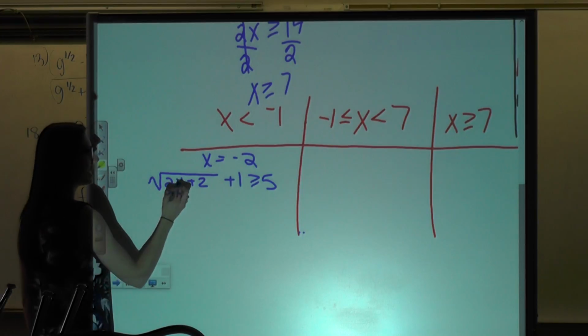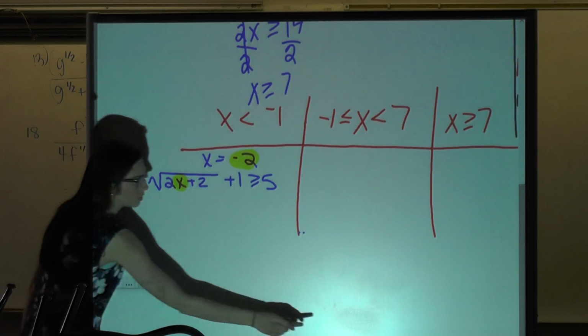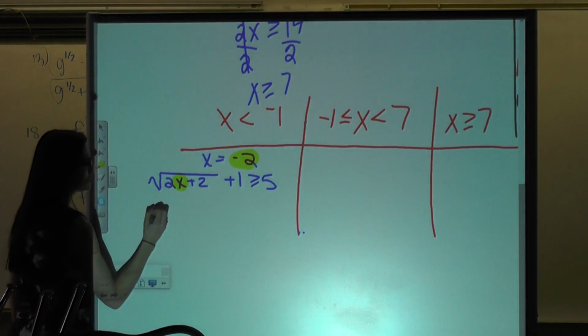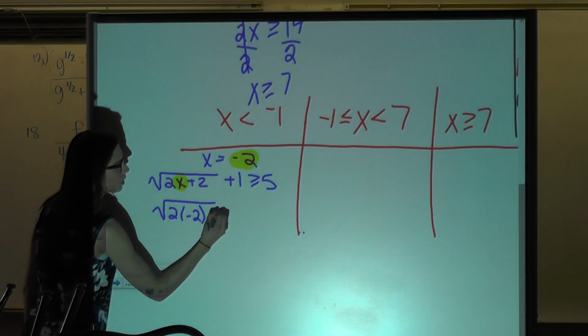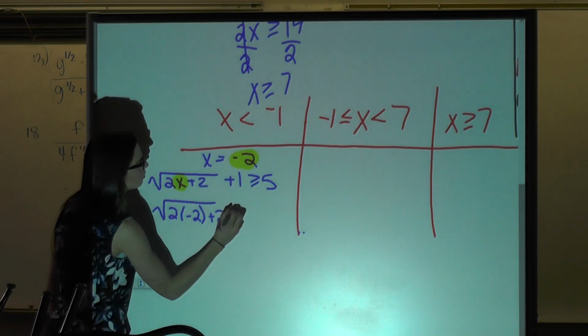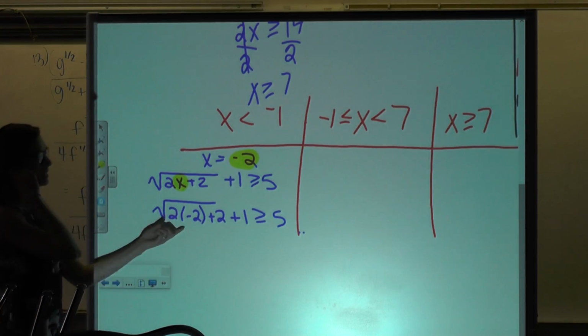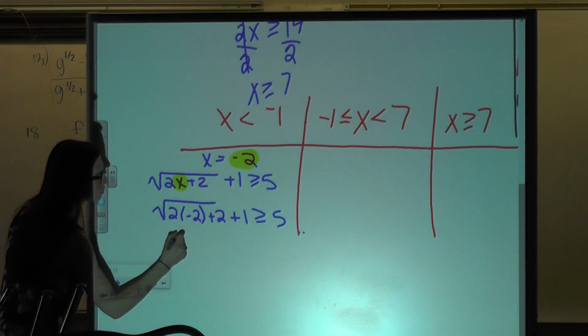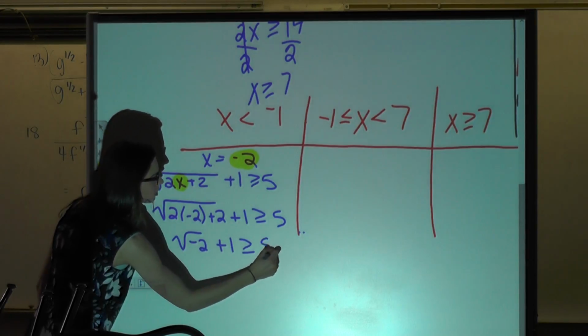Wherever I see an x, I'm plugging in a -2. So I have the square root of 2 times -2 plus 2 plus 1 is greater than or equal to 5. That's -4 plus 2, which is -2. Square root of -2 plus 1 is greater than or equal to 5.